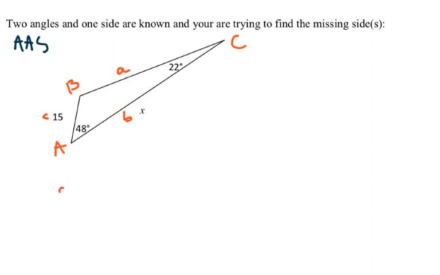So since we're looking for side B, we're clearly going to have to use this part of the formula, right? We've got to include the thing we're missing in the formula, so we have to have side B in there. And then we want to look at what do we have a matching pair of information with? Do we have both angle A and side A, or both angle C and side C? Because we need a pair of information to be able to have one unknown.